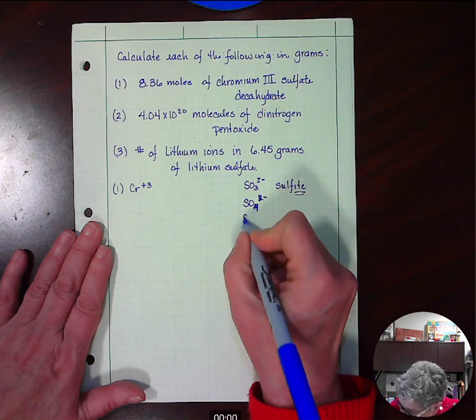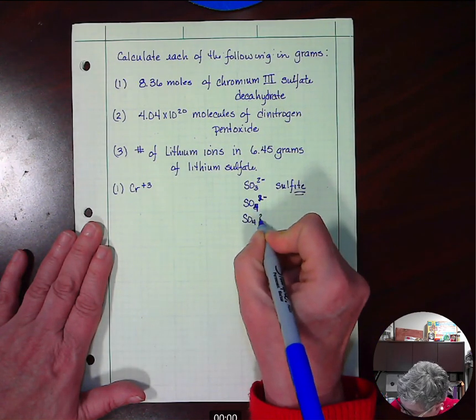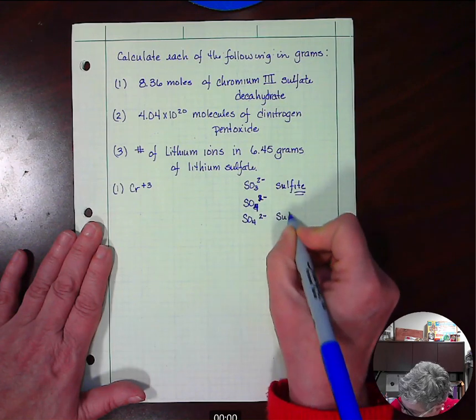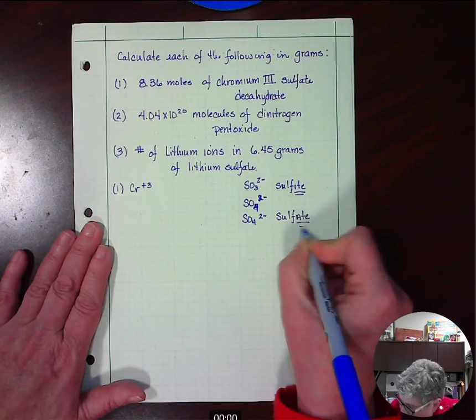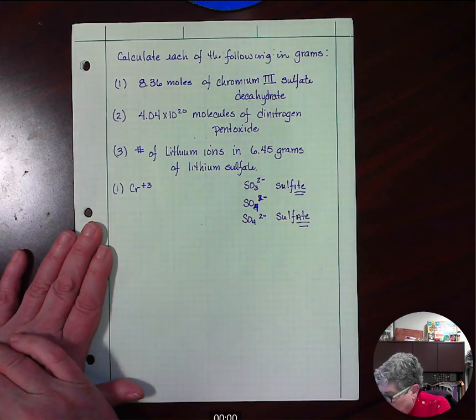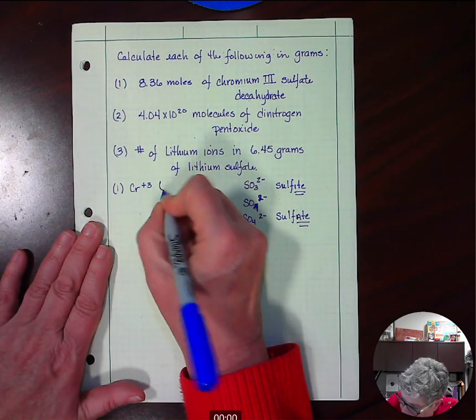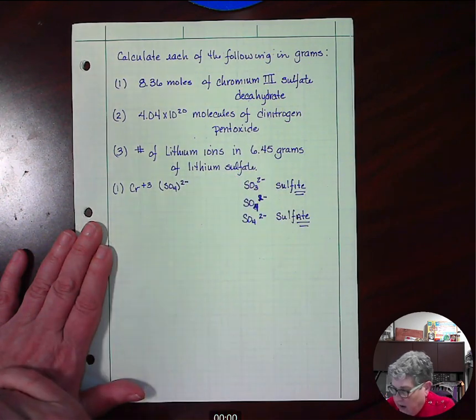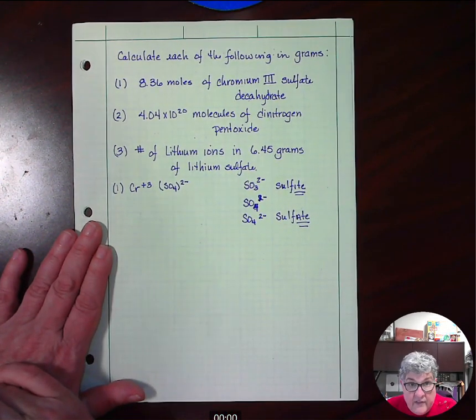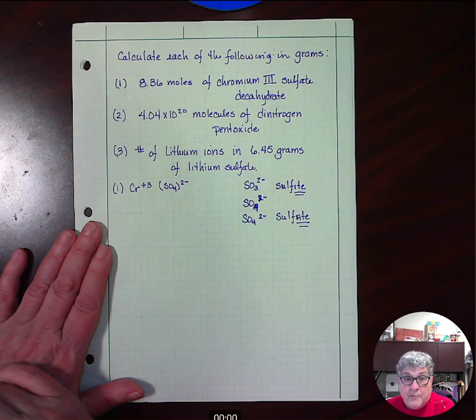So let me rewrite this so it makes it a little easier for everybody to see. This is the sulfite, or sulfate, so I have a different ending. Both are a -2 charge. So I'm going to have my SO4, which is going to act like a single anion, and it's going to have a -2. Well, we got a problem.